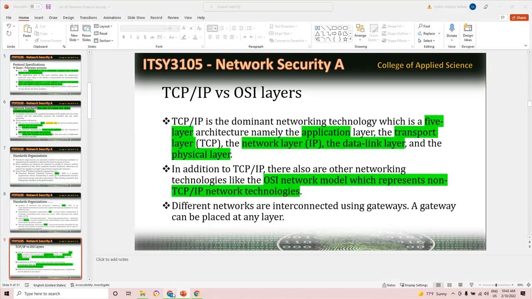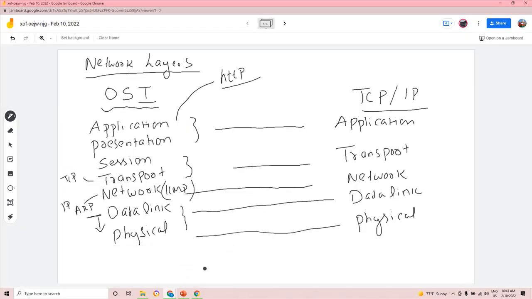So please understand, TCP/IP has 5 layers. In the transport layer, there are 2 protocols as far as OSI is concerned, TCP and UDP. But as far as the TCP/IP protocol is concerned, in the transport layer, only the TCP protocol is there. In the network layer, the IP protocol is supported.